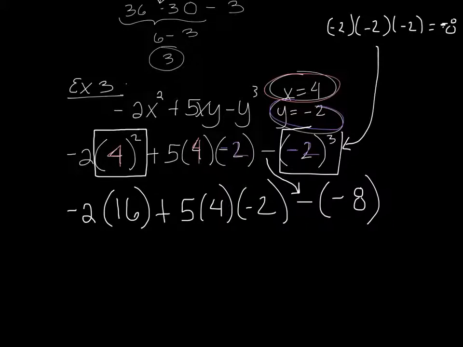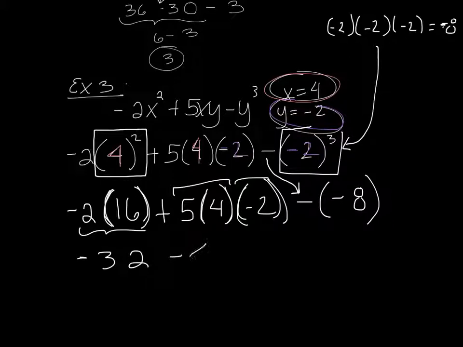So we can multiply a couple of things here, since our next step is perform multiplication and division. There's no division, so multiplication. If we double 16, we get 32. Again, multiplication, parentheses, multiplication, multiplication. So this is just 20 times negative 2, so that's negative 40. And this is really multiplication right here.